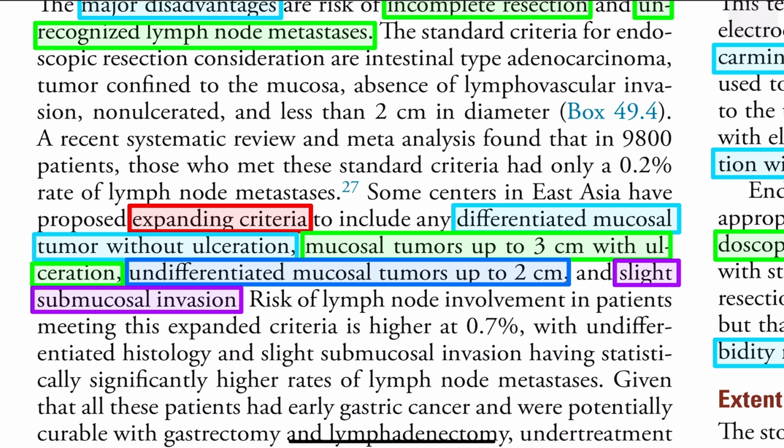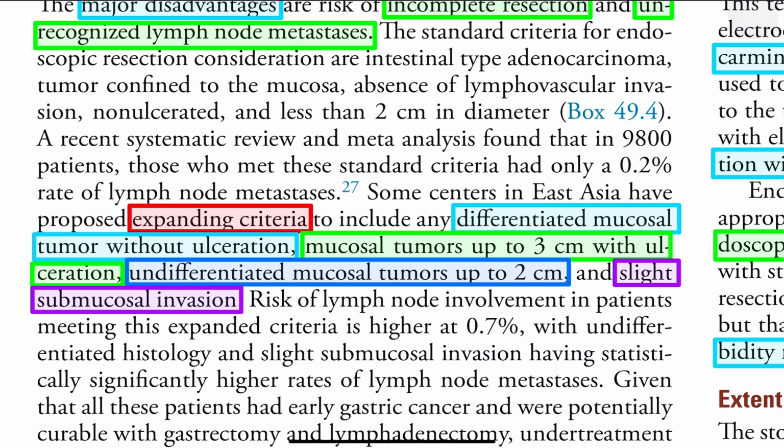Then mucosal tumor up to 3 centimeters with ulceration. Remember, it's the expanded criteria.